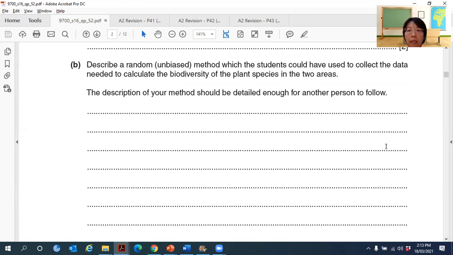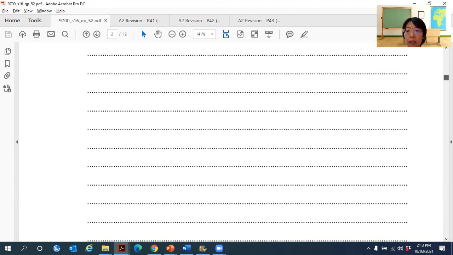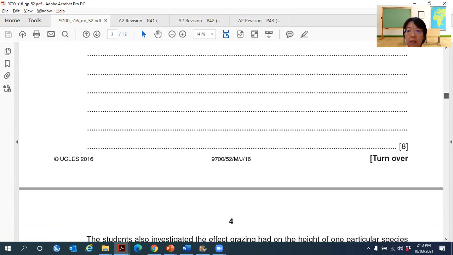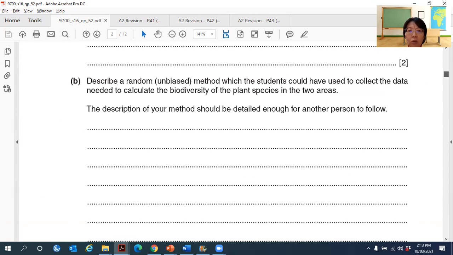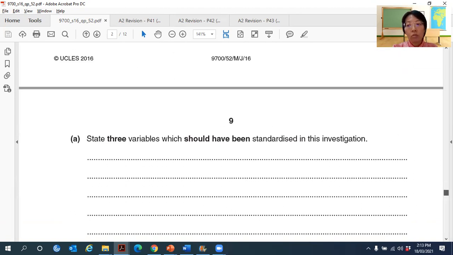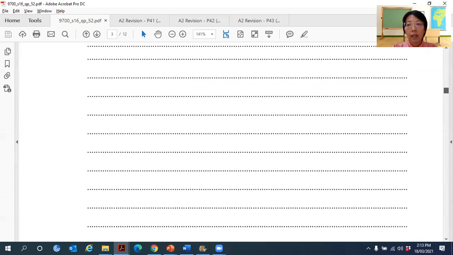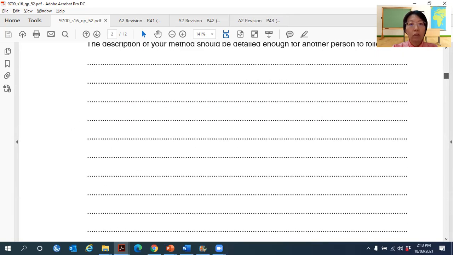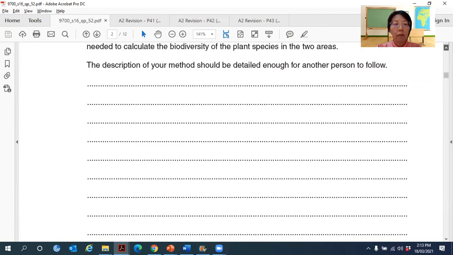This is a design experiment question, because you can see from here it is 8 marks. So 8 marks means it's actually a design experiment question. I've taught you before that every time you get a design experiment question, always remember the subtopics, because when you write your answers based on the subtopics, you actually get the marks. So you start answering by writing down the subtopic first.